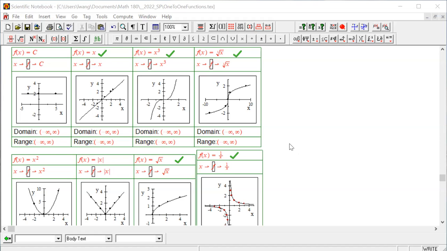Now our next question is, if they are one-to-one, every one-to-one function has an inverse. Let me write it down.